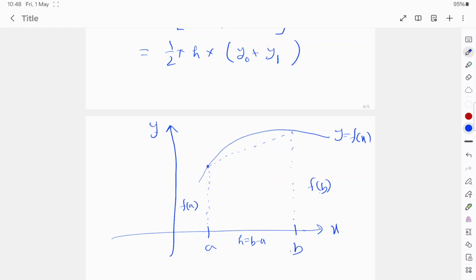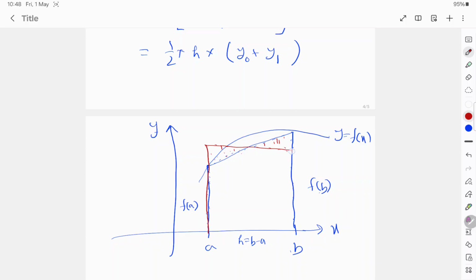I think you know this formula, right? What is this y0 plus y1 by 2? Basically it is the mean height, so h times that. You can think of this part as taking extra, and this part you have to subtract. If you see this trapezoidal area, and instead consider this one, these have the same area.